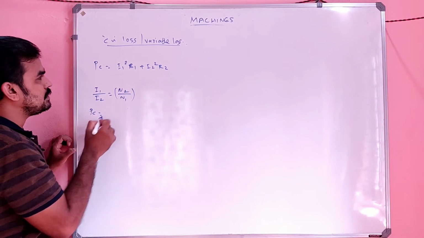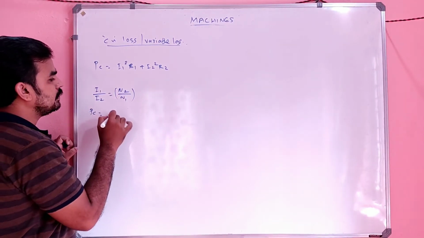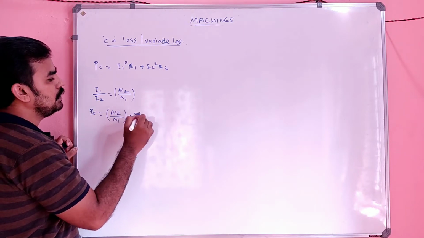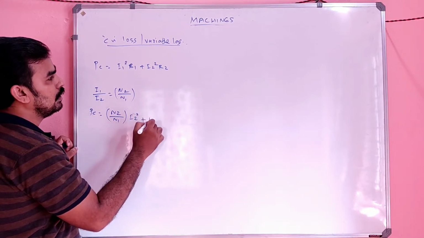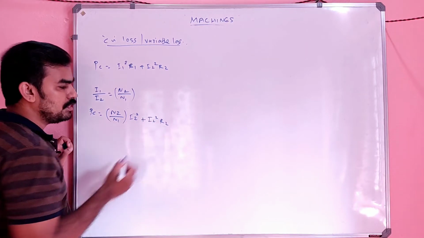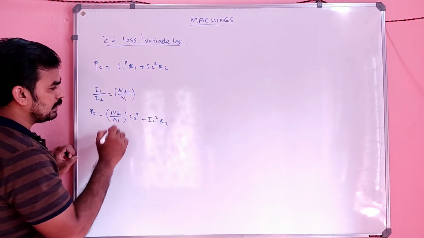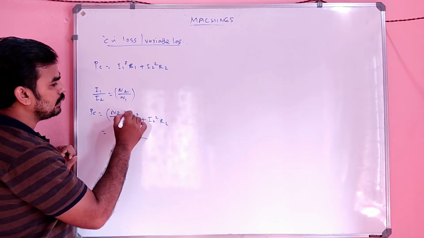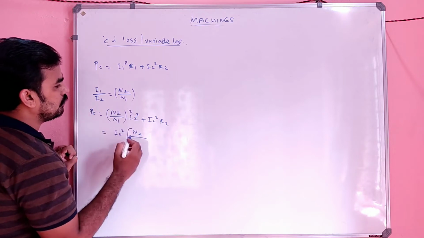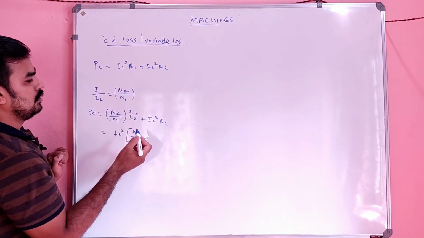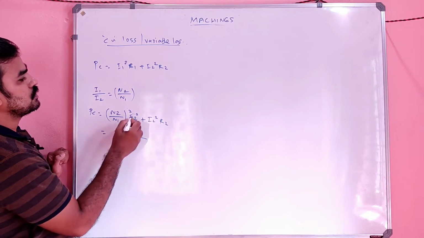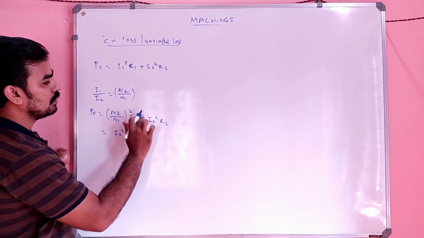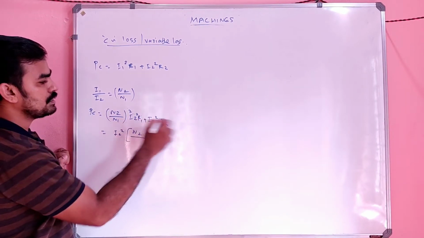So I can write PC is equal to, with I1 as N2 by N1 into I2, the whole square into R1 plus I2 square R2.